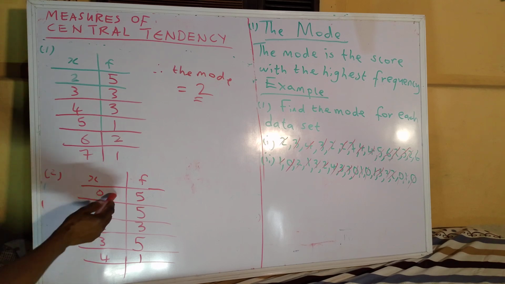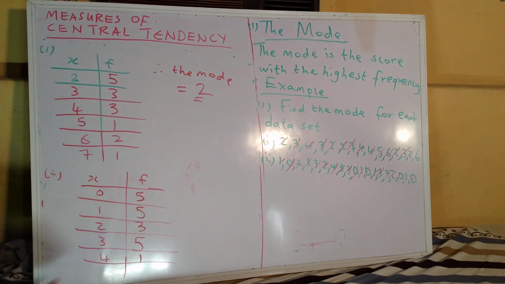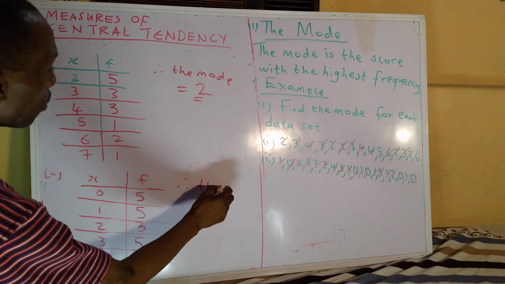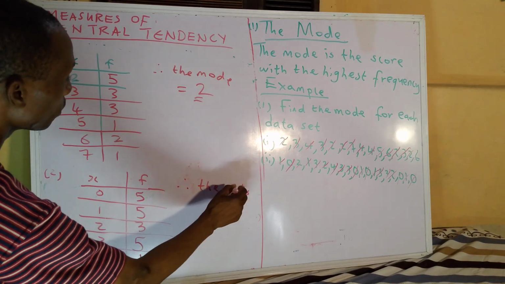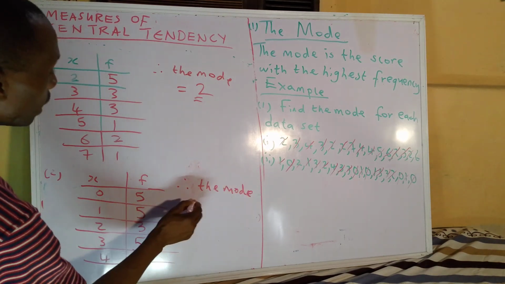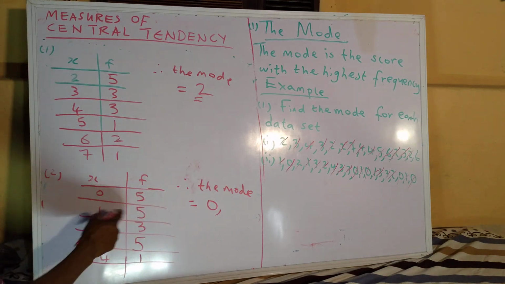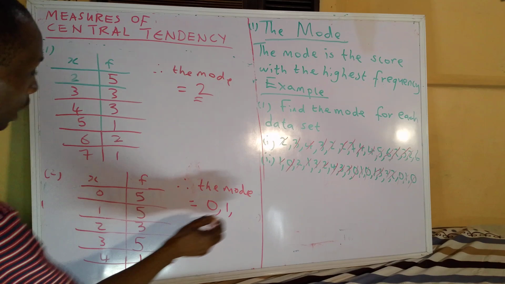So in this case, I see 0 appears 5 times, 1 appears 5 times, 2 appears 3 times, 3 appears 5 times, and 4 appears only once. So our modes, according to this, are 0, 1 and 3, which have the same frequency of 5.